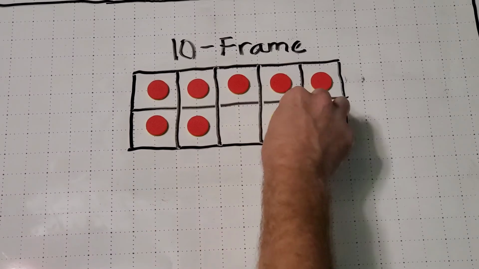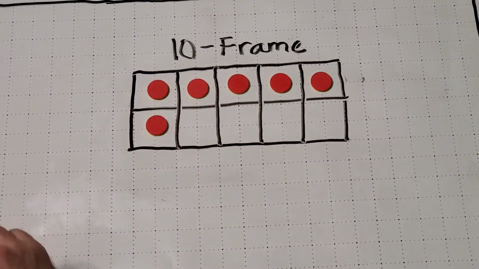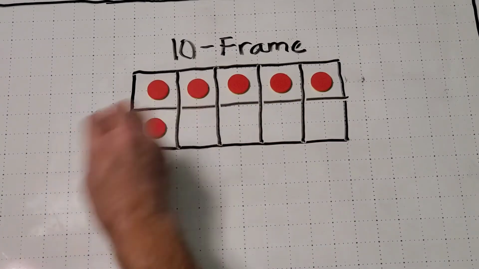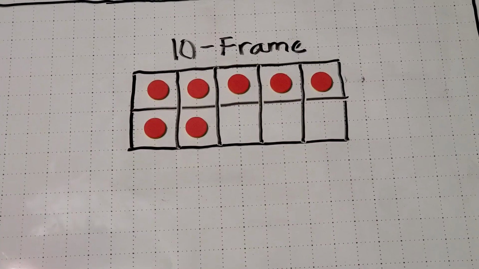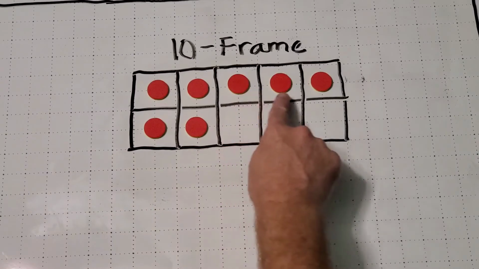10 frames are also good at just helping us organize our thoughts. Since we already became fluent within 5 in kindergarten, there's all kinds of things that we can learn from this. We know if this top row is filled, we always have 5. And now, if I add 2 more, that gives me 7. And again, with subitizing, I can see 7 can be made up of 4 and 3.